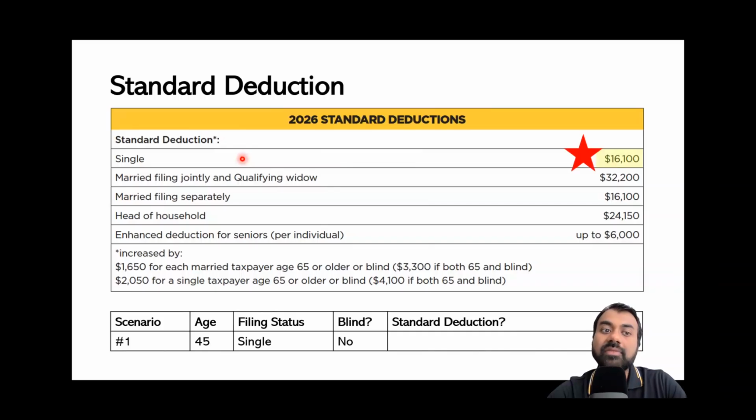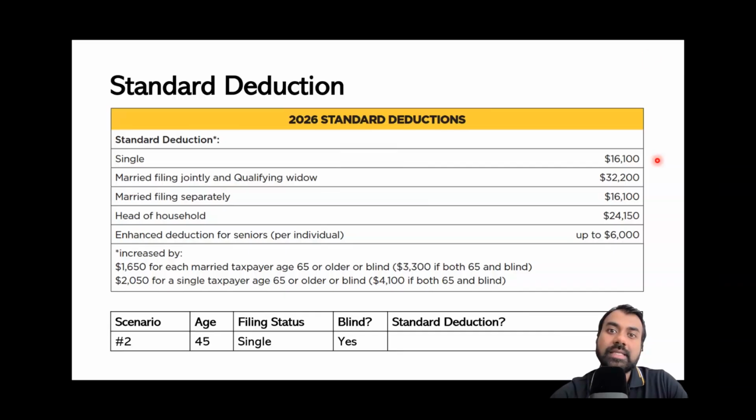For single filers, the regular standard deduction amount is $16,100. And that's the only place where I need to look for this person, because they are not 65 and they are not blind. If either of these conditions were true, then I would have to look at this bottom part of the table, but that's not the case. And that's why the standard deduction here is only the regular amount, or 16,100.